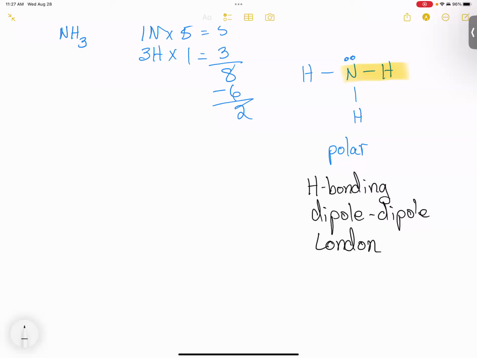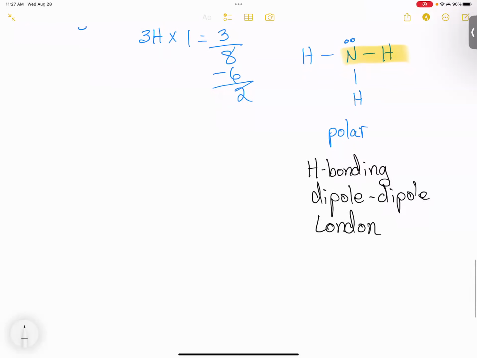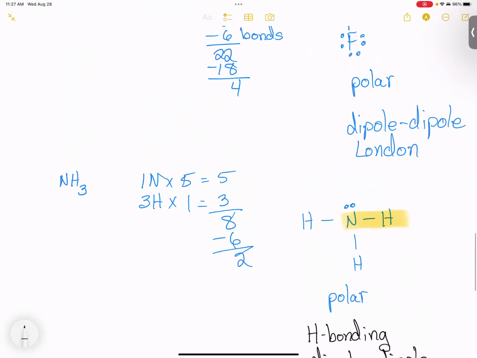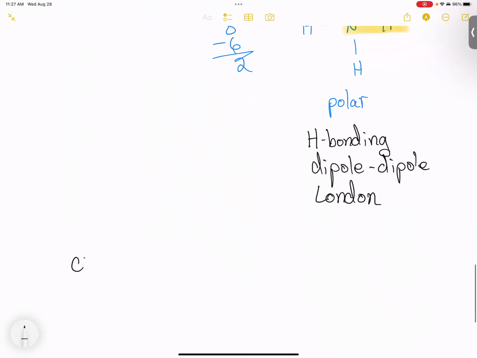So if you're doing the Lewis structure like that, and the central atom doesn't have a single lone pair left, it would be non-polar. So for example, I didn't do it up here, but I could have done CH4.